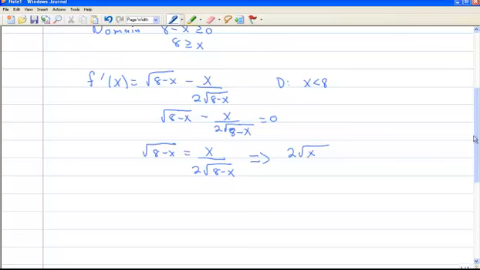So I multiply each side by 2 times the square root of 8 minus x.